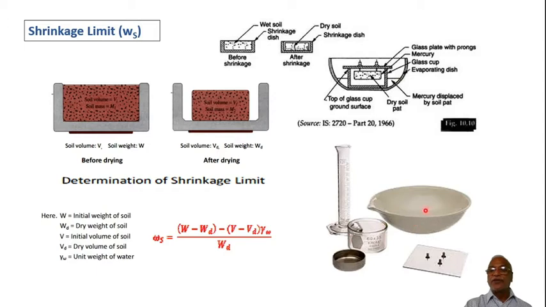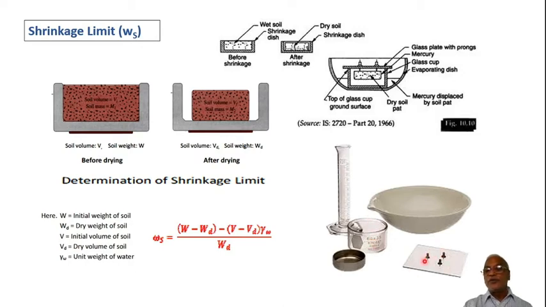Whatever extra mercury that has fallen can be taken back, so that you have a glass cup which is full of mercury. Now what you do is, whatever dry soil pat is there, you put on top of the mercury, and because the specific gravity of mercury is quite large compared to the specific gravity of the soil pat, it will be floating on top of mercury.